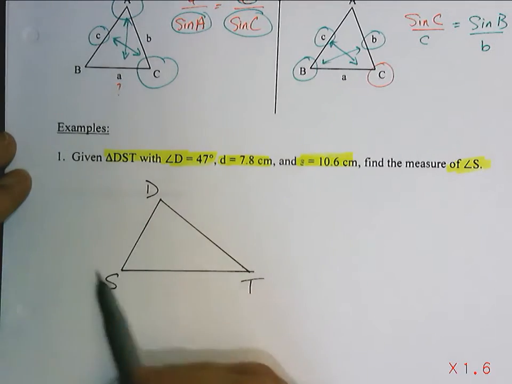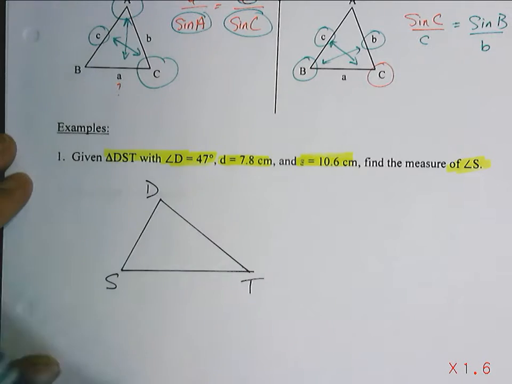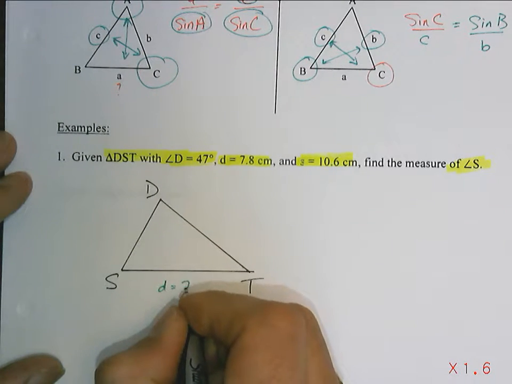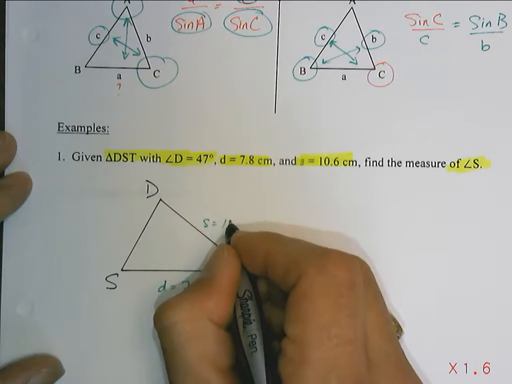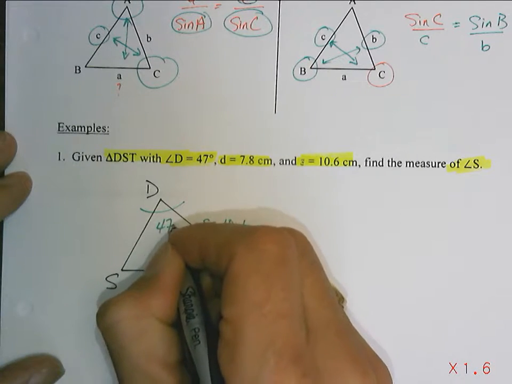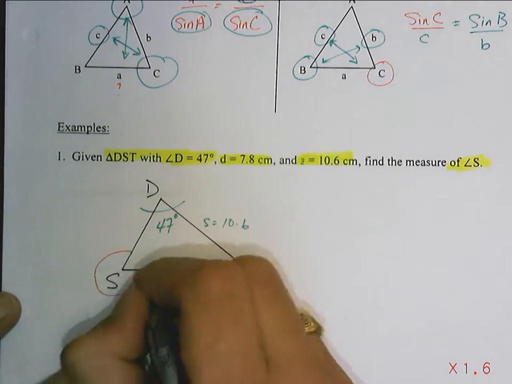But as soon as I do label it, this becomes the side opposite the angle. So this is going to be D equals 7.8. This is little s, so it's 10.6. And this is angle D, so that's 47 degrees. And what they want us to find is angle S.